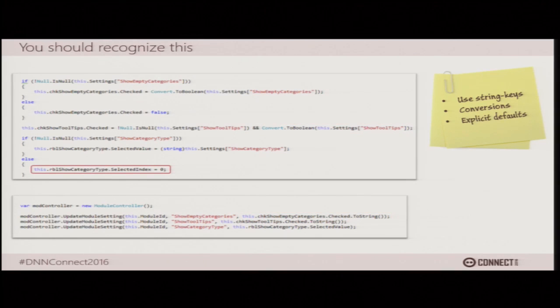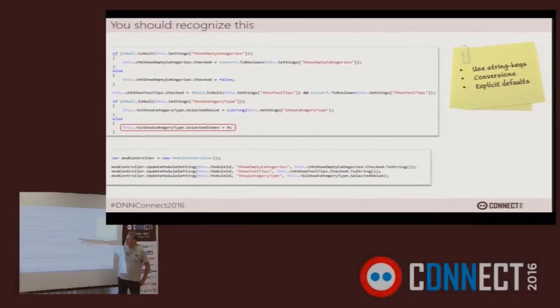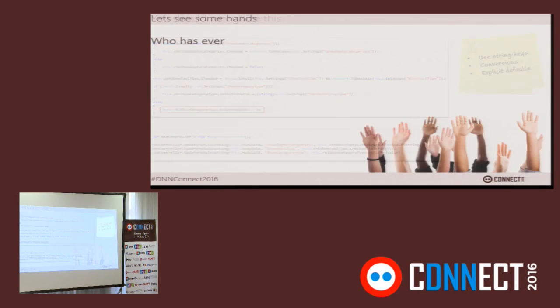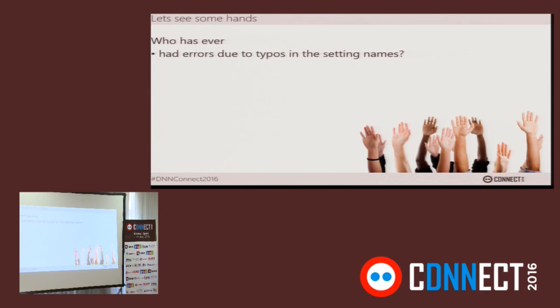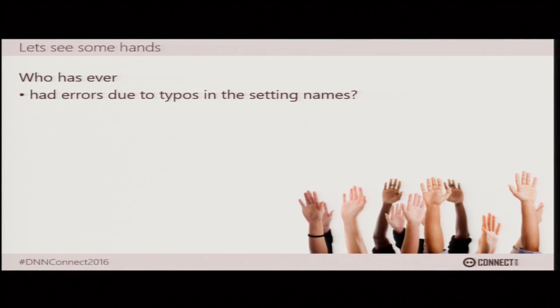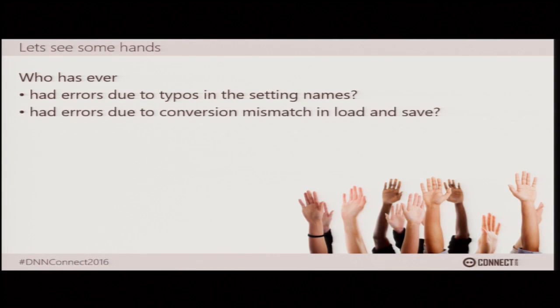And sometimes you even have to do some explicit default settings behavior. In this case, if the setting is not available, make it a 0. So you all recognize this. Now let's see some hands. Who has ever made some errors in their program just because they mistyped a setting? I see some hands a little bit low because, you know, I wouldn't be happy if I made the error myself.